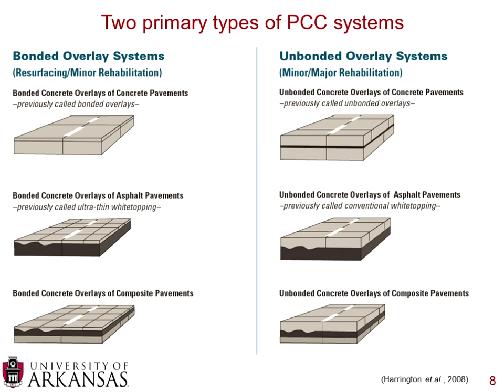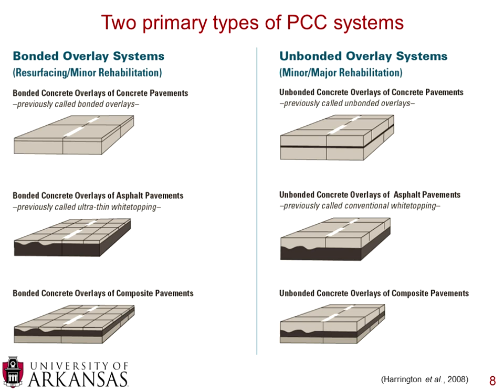Here are just some schematics of both our bonded overlay systems and unbonded overlay systems. The bonded overlay systems are on the left and the unbonded overlay systems are on the right. As you go down the screen, you can see we have the bonded concrete on concrete, bonded concrete on asphalt, and then bonded concrete on composite pavements.